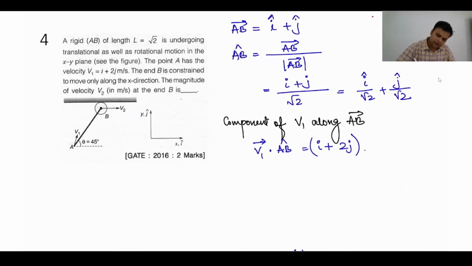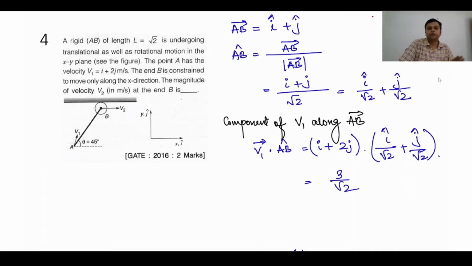And what is the unit vector along AB? i cap by root 2 plus j cap by root 2. So if you do the dot product, you will get 3 by root 2. Right? So this is the component of V1 along AB. Now, this angle is 45 degrees, you can see.